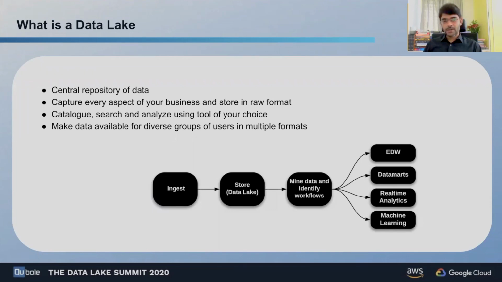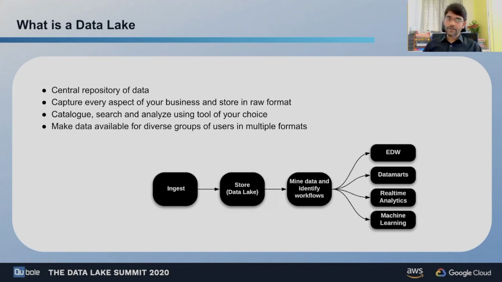So, a capability to capture every kind of data or every aspect of data that your business generates, no matter what type of data it is, relational, non-relational, and all the other different types of data sets that we spoke about. So, the ability to capture all of this and store it in a central place in raw format, and the ability to catalog all of this data and provide, if you recollect, one of the things was discoverability.